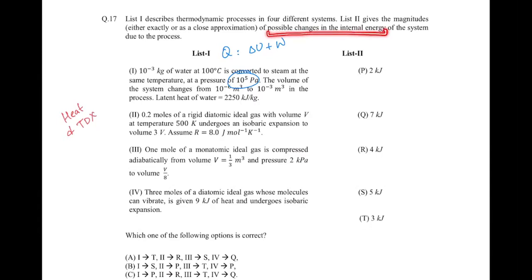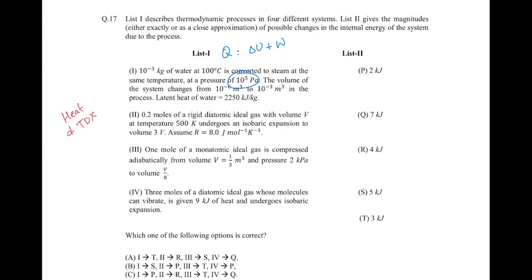So essentially we need to find out delta U value. And for finding delta U, we are going to make use of first law of thermodynamics, because clearly here there is a phase change, water converting to steam. So we cannot think of using any ideal gas equation, any particular process, nothing of that sort would directly work. So we'll directly take first law and we'll try to figure out what is going to be delta U.